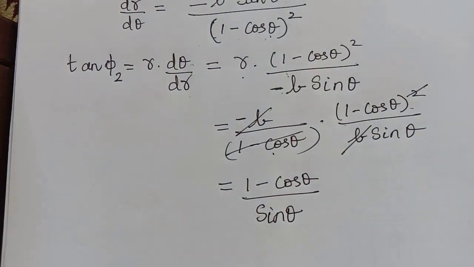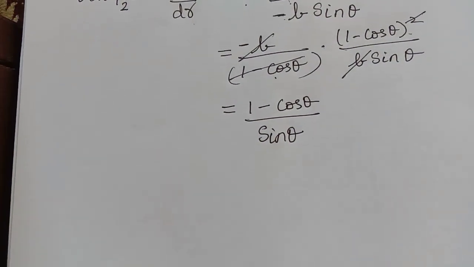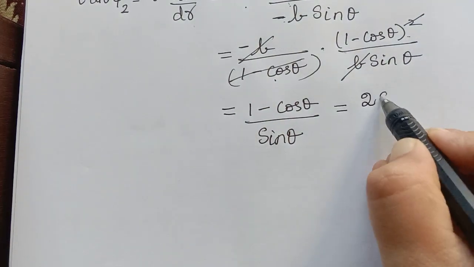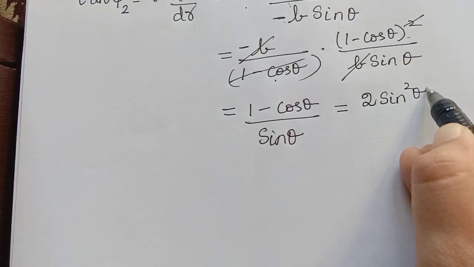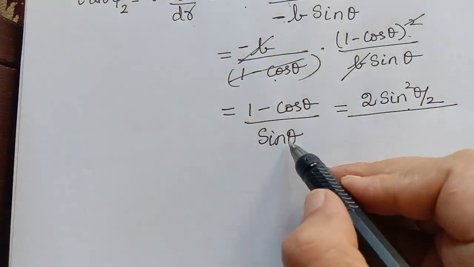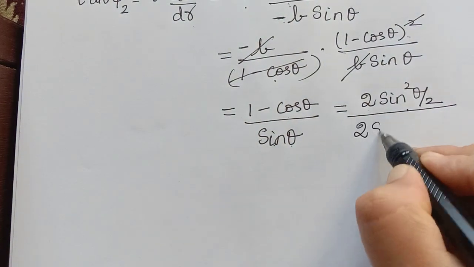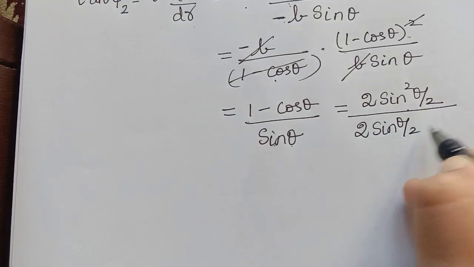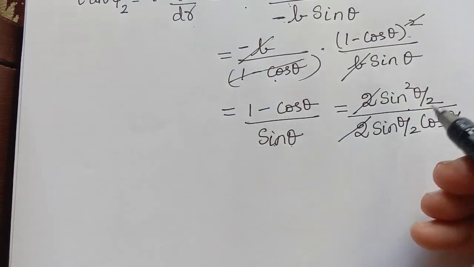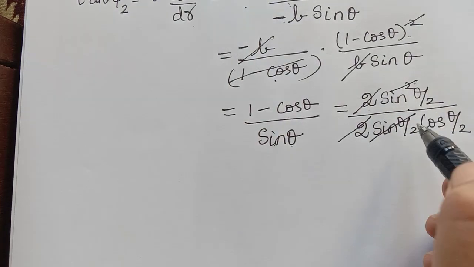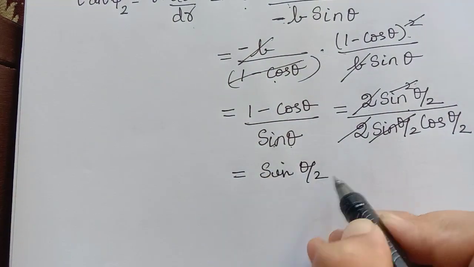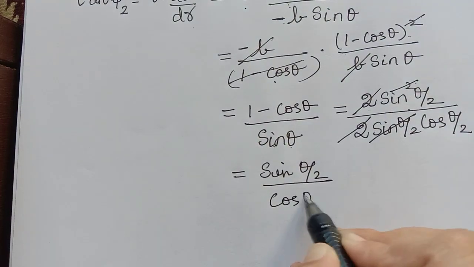Now again we have to use the trigonometric formula over here, where we know that 1 minus cos theta can be written as 2 sin squared theta by 2 by using the trigonometric identity, divided by sin theta, which can be written as 2 sin theta by 2 multiplied with cos theta by 2. So 2 and 2 get cancelled, one of the sin theta by 2 gets cancelled, and we are left with sin theta by 2 divided by cos theta by 2.